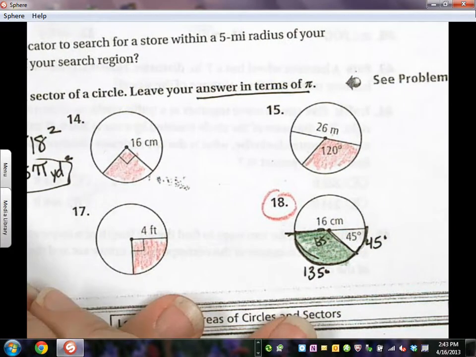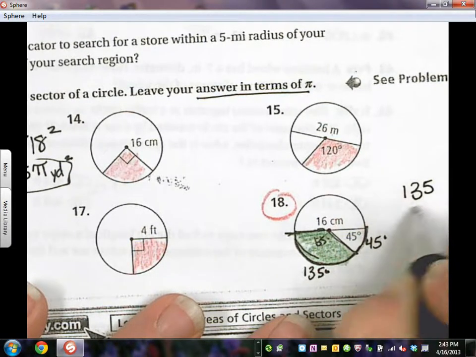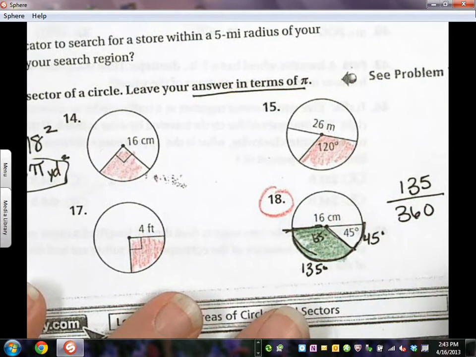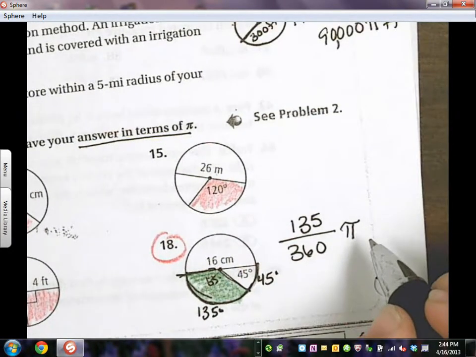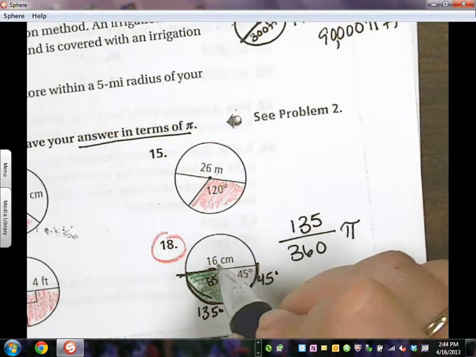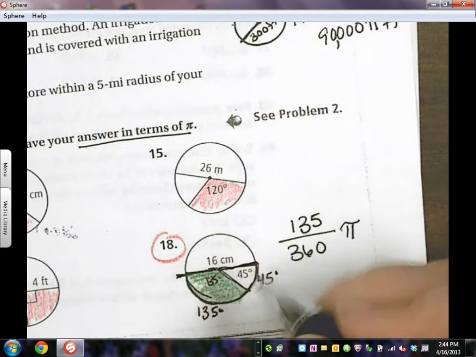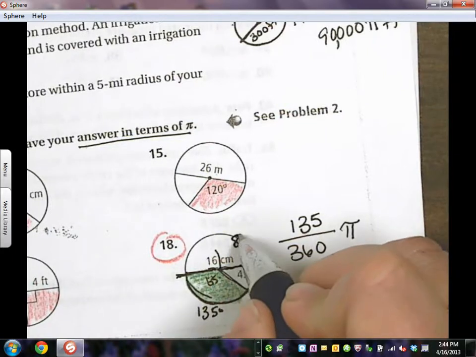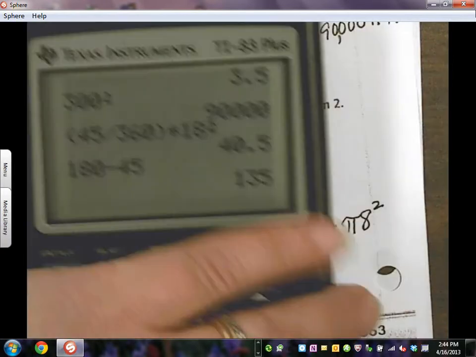So now we're going to go to our formula where we put the size of the arc we want over the whole circle, and then we multiply it times the area formula, which is pi r squared. What's my r? Well, this whole thing is 16. I just want to know what r is, so I've got to cut it in half. So what's half of 16? 8. So it's 8 squared. So let's put that in the calculator.